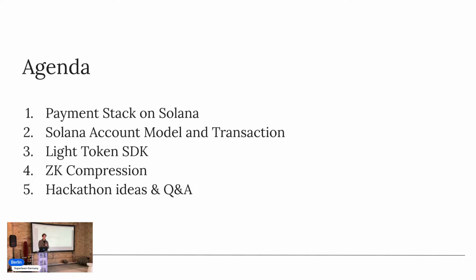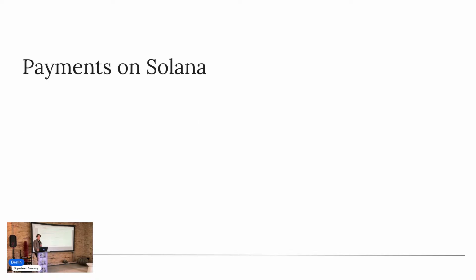Then how to scale this with the Light Token SDK, a set of APIs to scale, for example, your payment application or anything you build, then finish up with the core primitive underneath, and conclude with a few hackathon ideas and a Q&A if any questions come up. But I encourage you, if there are any questions, you can just raise your hand and we'll go from there. So, payments on Solana.